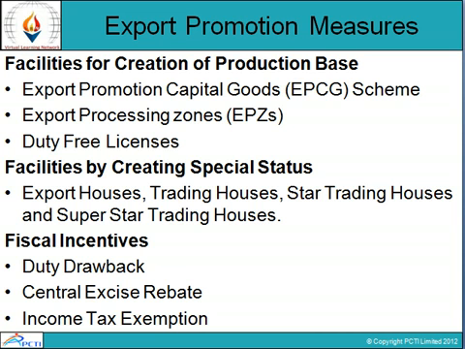Next are the facilities by creating special status. The facilities which are provided are export houses, trading houses, star trading houses and superstar trading houses. The last is fiscal incentives. The fiscal incentives are duty drawback, central excise rebate, and last is income tax exemption.